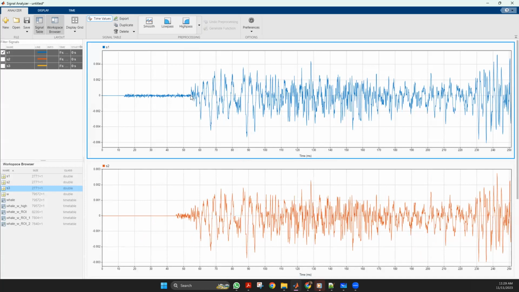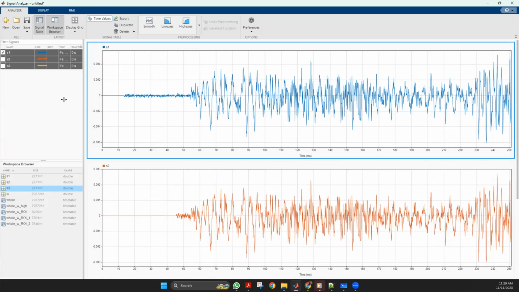So with respect to time, I can see the amplitude of the signal. One thing I want to know is what kind of pattern there is between these three signals. At what point can I observe a certain peak occurring in all these three signals?